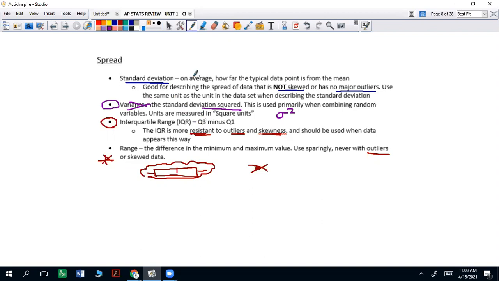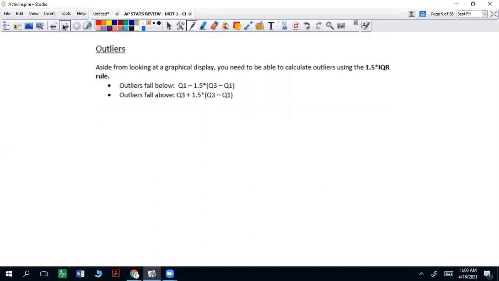Okay. Next on our list is outliers. We have to know how to calculate outliers. If you get a box plot that shows the outliers, and when we do some multiple choice and free response problems, I can refresh you on how to do that.